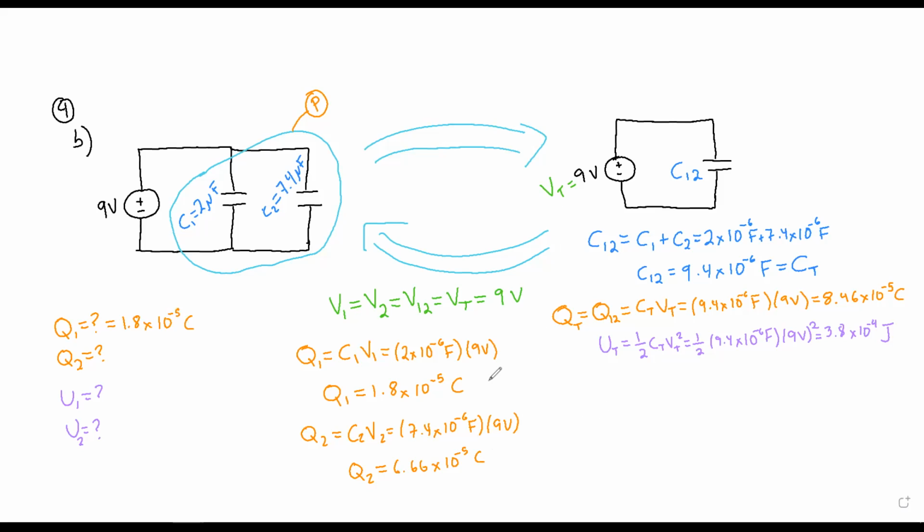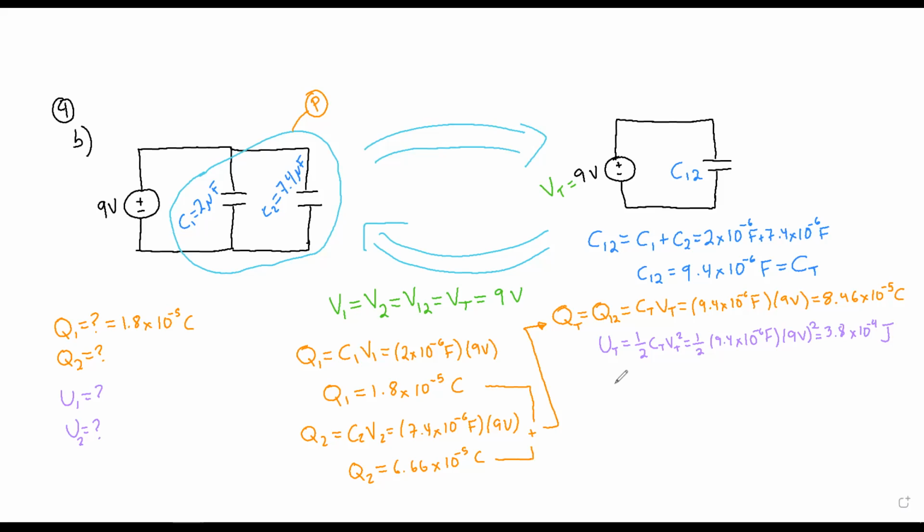And what we should be seeing here is that if I grab these two and add them, it should be equivalent to the total capacitance. The total charge, I'm sorry. You're right, charge. Yeah, because of the coulombs. To the total charge.